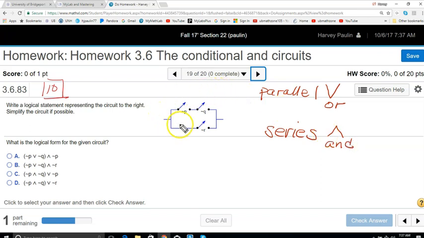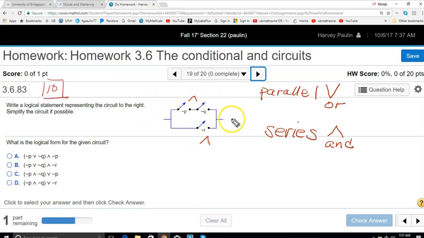Now we're asked to convert this. Now notice that this part here, in order for the current to go through, both have to be closed. So this is going to be an and here. This is going to be, in order for it to go through, has to be an and there as well. But since it's in this pattern, if one side is closed, then it will go through.